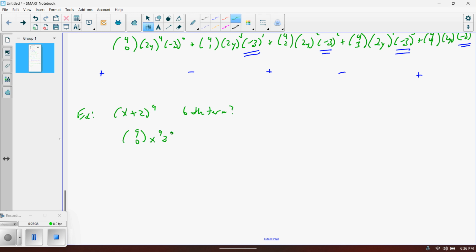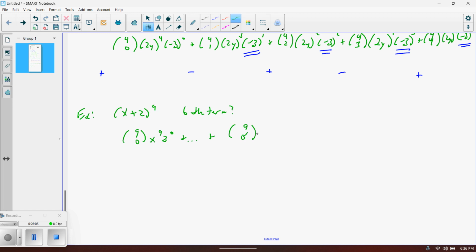So if I want to find the sixth term, I have to think that 0 is my first term, 1 is my second term, 2 is my third term, 3 is my fourth term, 4 is my fifth term, so 5 would be my sixth term. So the one I'm looking for is the one where it's 9, whoops, not 9 divided by 5, 9 taken 5 at a time.